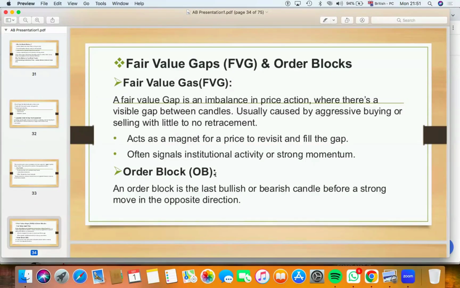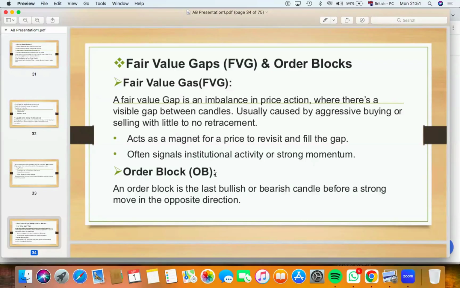Okay. So, like you can see, Leader Abdullah was trying to tell us about fair value gap or imbalance, which we call IMB, abbreviated from most of the terminologies we use in trading. In price action or in SMC, we call this fair value gap or imbalance.